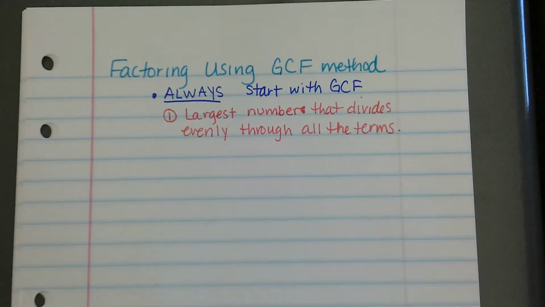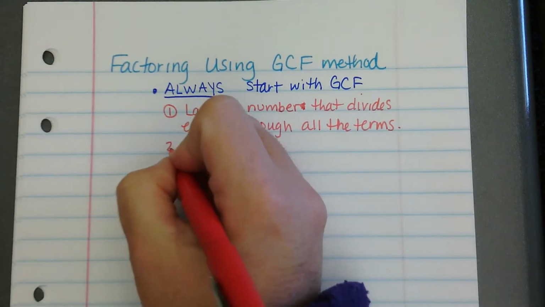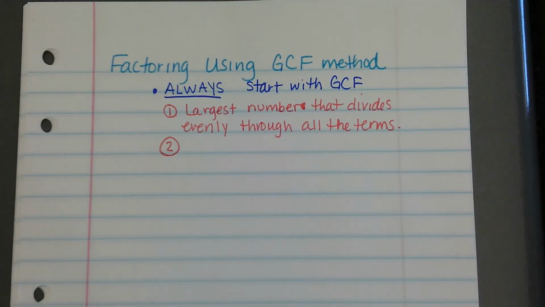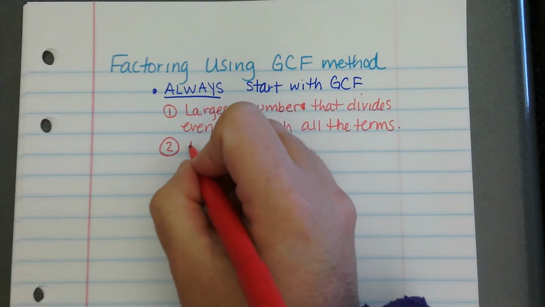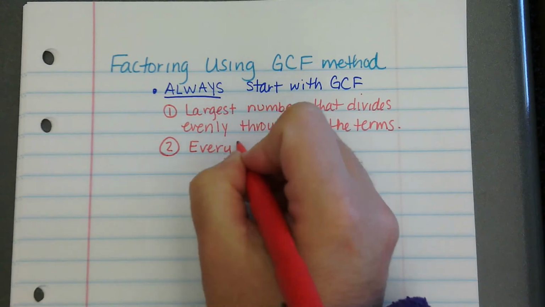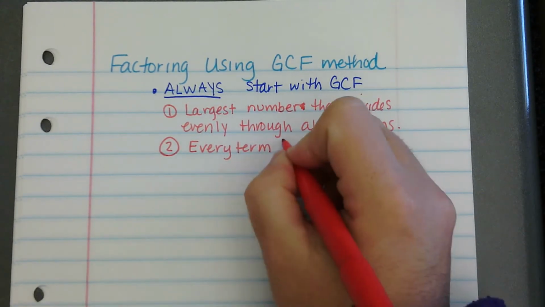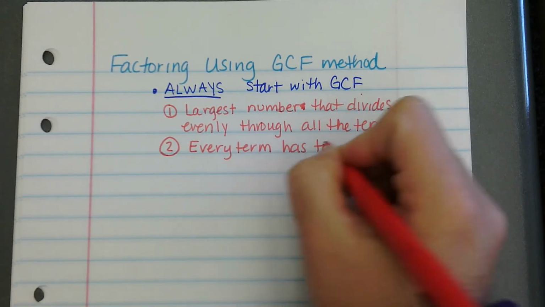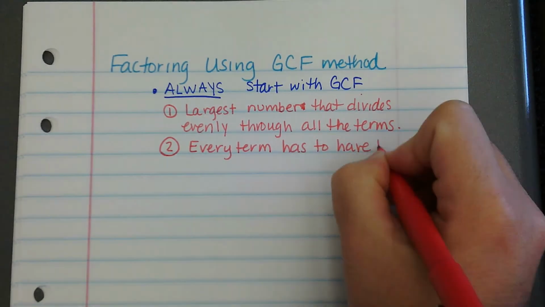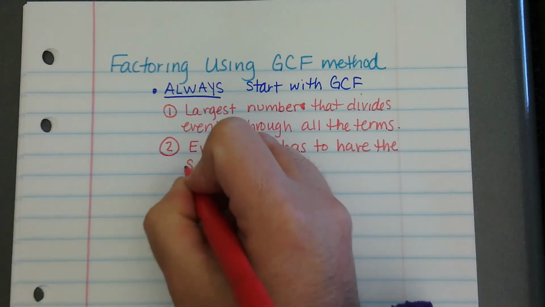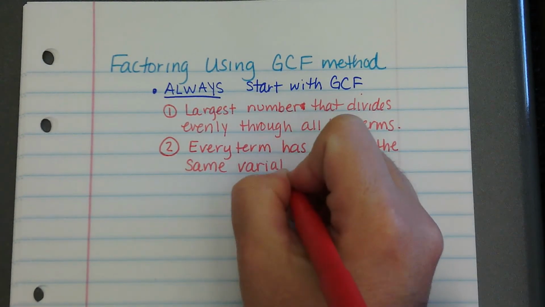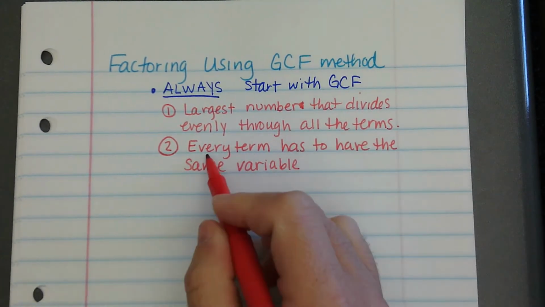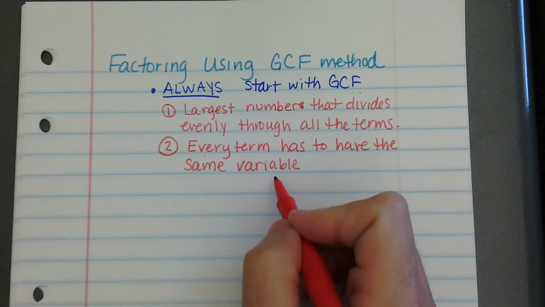But then the key thing, and I don't know if you've ever noticed, you want to look for variables. Every term has to have a variable. So if we're trying to see if A is a common factor, every term has to have that variable.